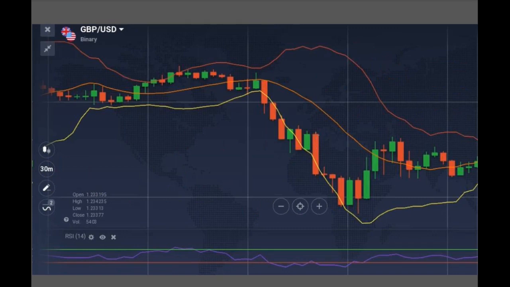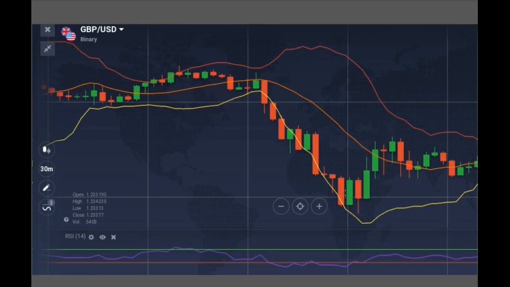Then you must have confirmed that the price has moved beyond the previous support level over here. You can see the support level over here. You want the price to close below this level, and then tag along the Bollinger Band.